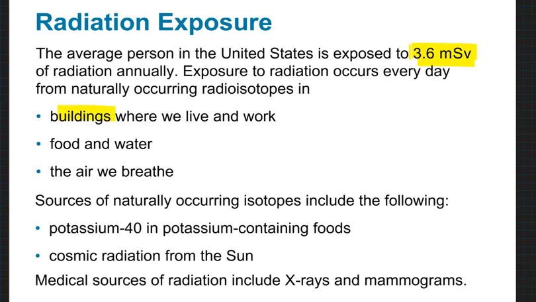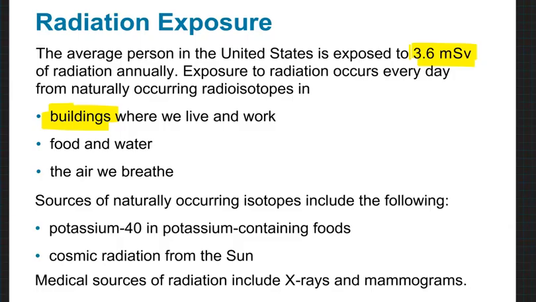Concrete buildings. Concrete normally contains a significant amount of thorium, element with the atomic number 90, and some concretes contain more than others. When the radioactive isotope of thorium breaks down, it releases the gas called radon, number 86.